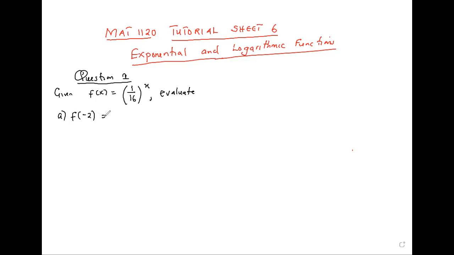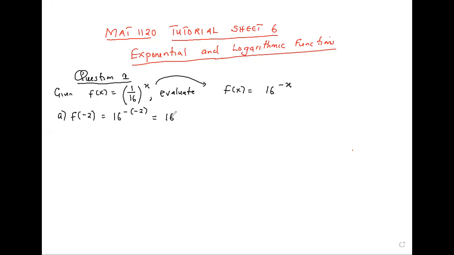So if I'm given f to be 1/16 to the power x, you can as well write f of x is equal to 16 to the power -x. So here, what we'll now do is 16 to the power negative x, where x is -2.